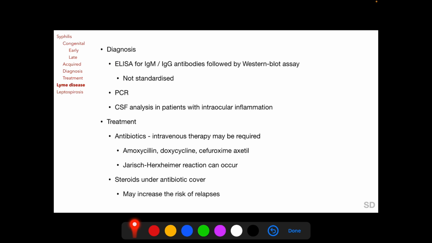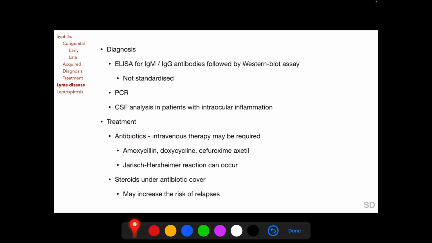Diagnostic modalities for Lyme disease includes ELISA for IgM or IgG antibodies, followed by a Western blot assay, but this serological test has not been standardized. PCR analysis for the organism can be done, and CSF analysis should be done in patients with intraocular inflammation.